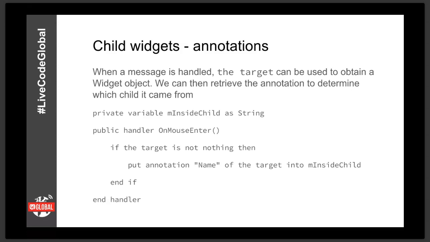So in this example, on mouse enter, we just get the name annotation that we assign. You could do exactly this to figure out which of the clocks was clicked.